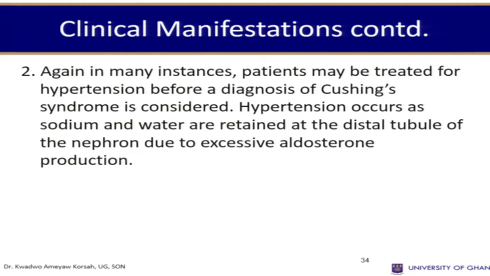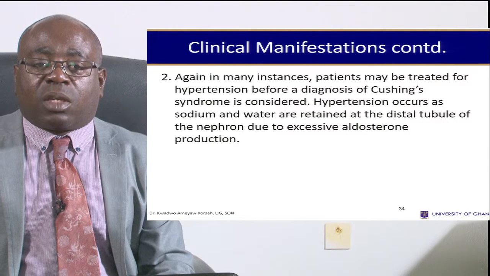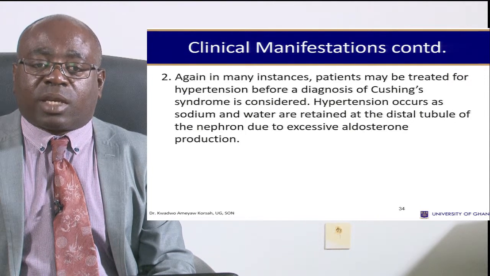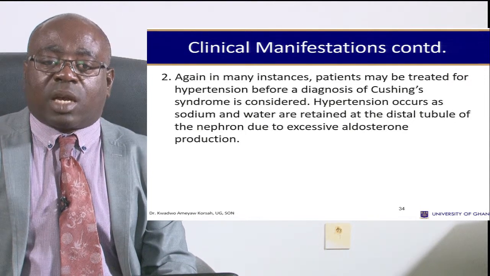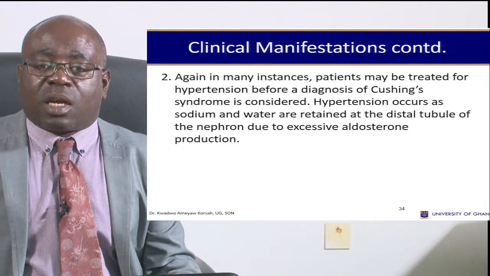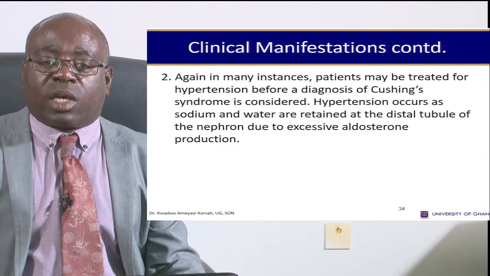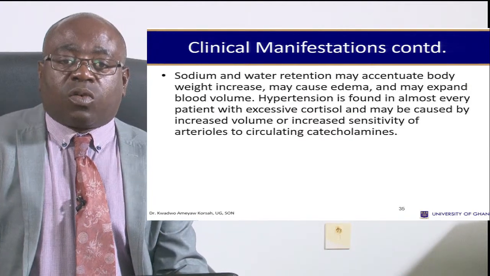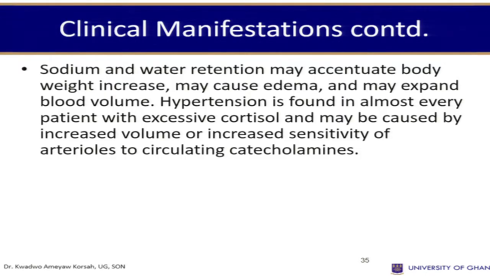Again, in many instances, patients may be treated for hypertension before a diagnosis of Cushing's syndrome is considered. Hypertension occurs as sodium and water are retained at the distal tubule of the nephron due to excessive aldosterone production. Sodium and water retention may increase body weight, cause edema, and expand blood volume.